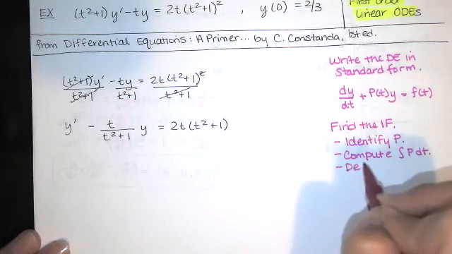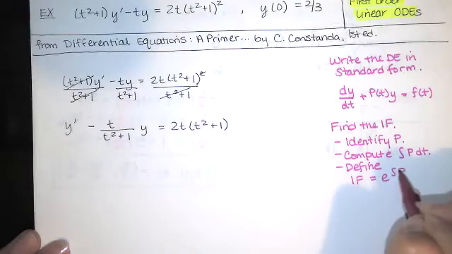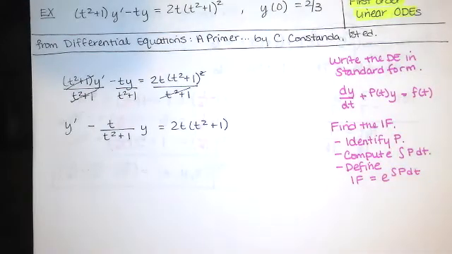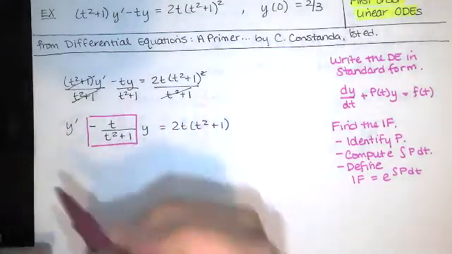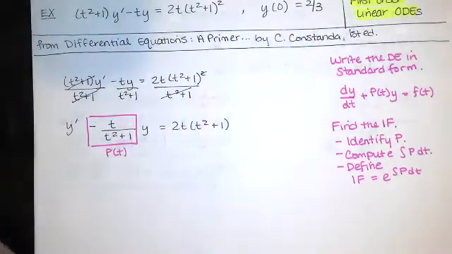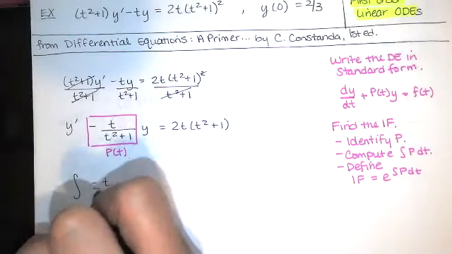Then we define the integrating factor to be e raised to that power. So our p of t is this. Make sure you include that negative sign. So we identify p of t, then we just compute its antiderivative.